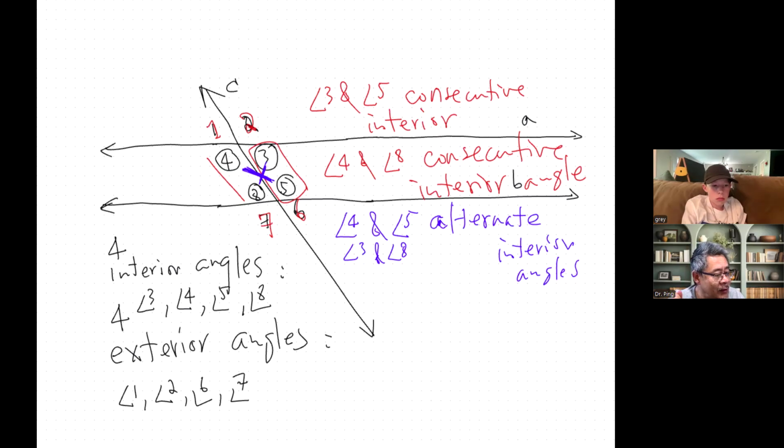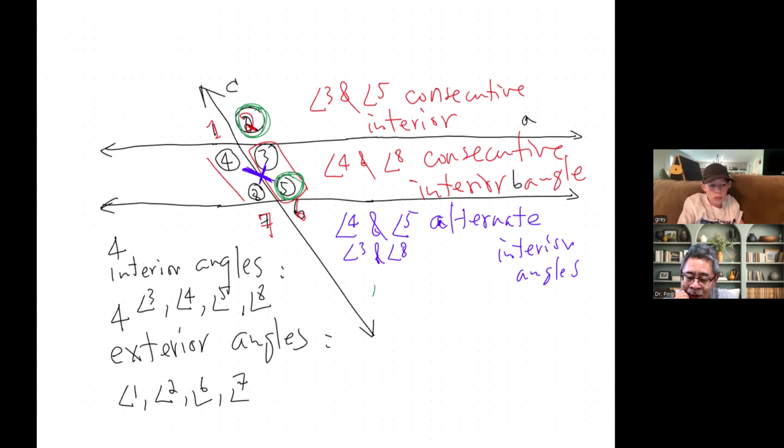and we're going to talk about something called corresponding angles. For example, this angle, I'm going to use a different color. This angle and this angle are called corresponding angles. One is in, one is out.